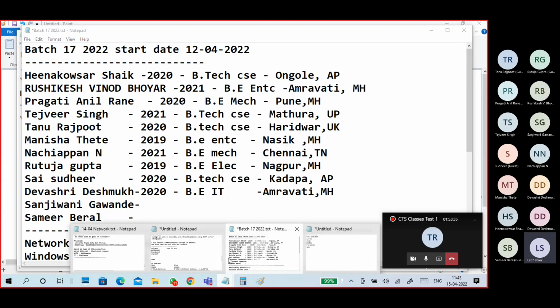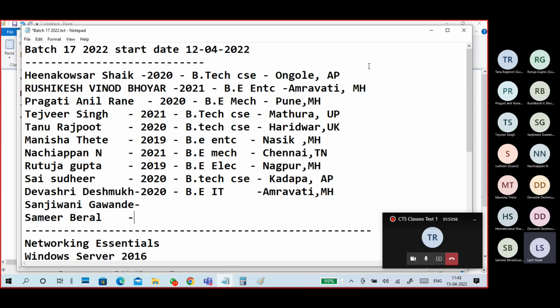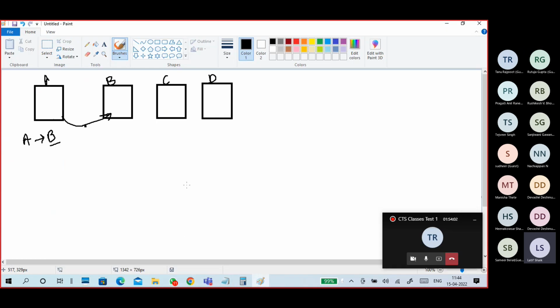Now this is the one: multicast. One to many. An example of one to many is your WhatsApp group. You post anything in your WhatsApp group, and it is received by multiple people, right? So that is multicast. For example, I have a server and I have clients.